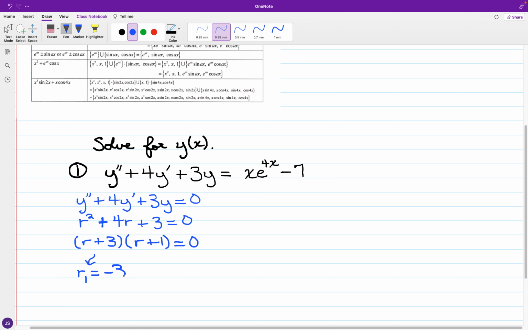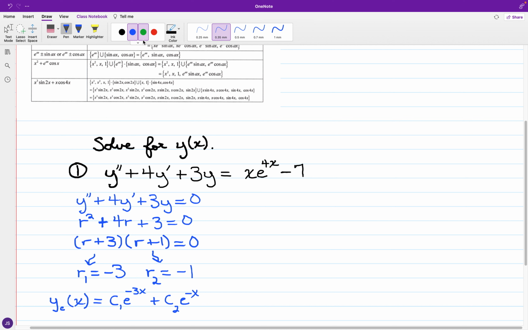So in this case, r sub 1 is equal to negative 3, and for the second root, isolating r plus 1 and setting it equal to 0, we have r sub 2 is equal to negative 1. So for the complementary solution, y sub c of x is equal to c sub 1 times e to the negative 3x plus c sub 2 times e to the negative x.